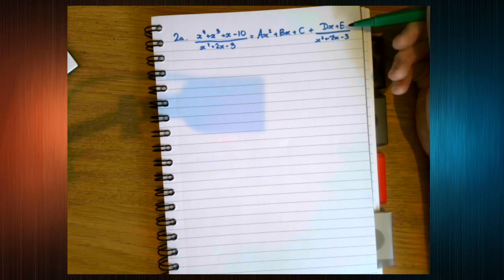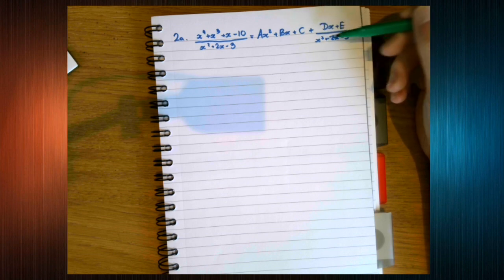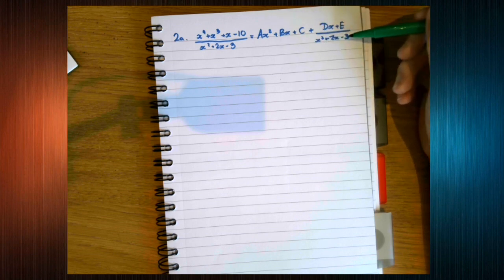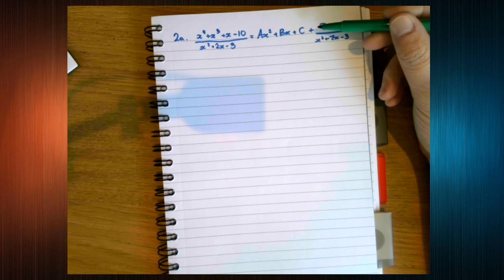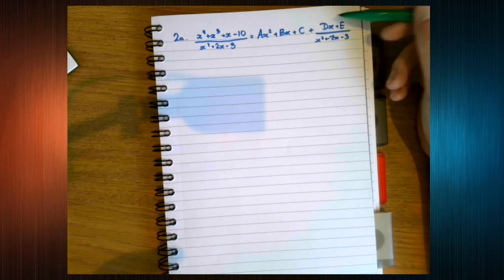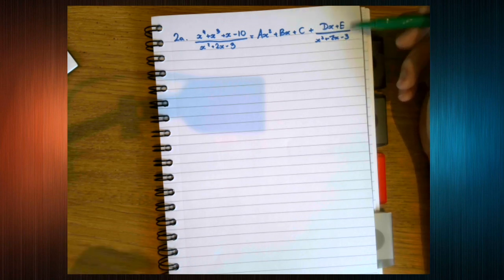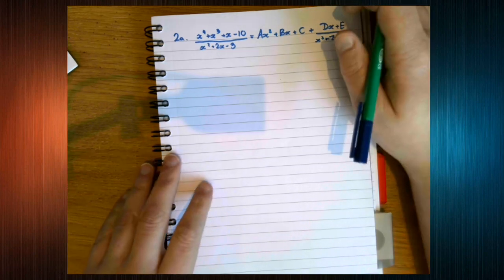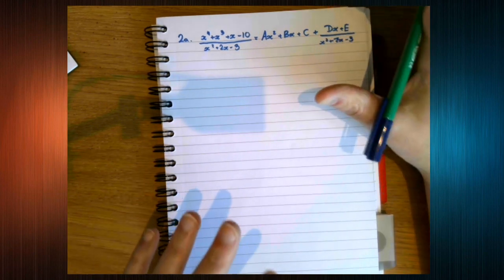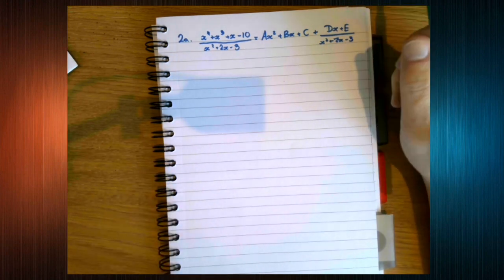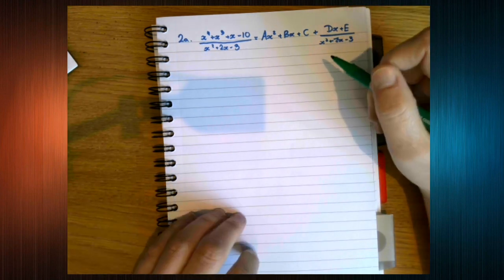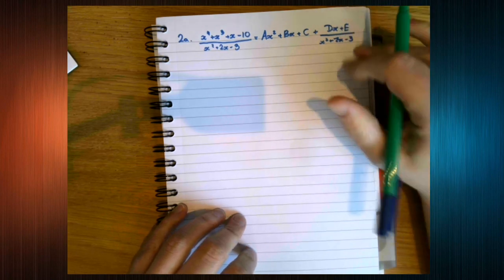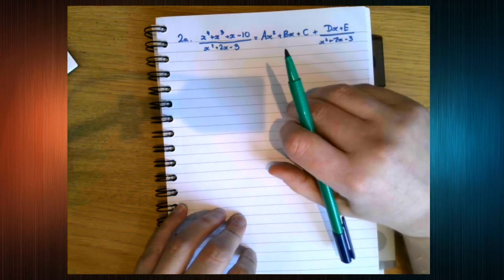The general form of a linear expression is mx plus c, so we've just used different letters. If this was cubic, it would have to look like ax squared plus bx plus c on the top. It's always 1 less. It's not generally something you have to worry about for maths A level. Further maths is a little bit different, but we'll see that this works in exactly the same way.